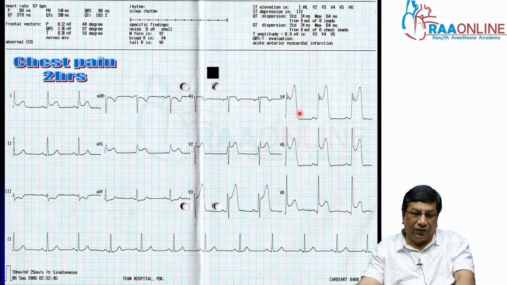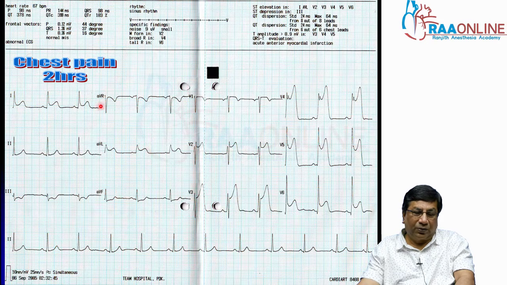V2, V3, V4 is LAD territory, and then lead 1, aVL, V5 and V6. So all the leads representing the left ventricle are involved here: the septum, anterior wall, the high lateral wall and anterolateral wall. So everything is involved here.